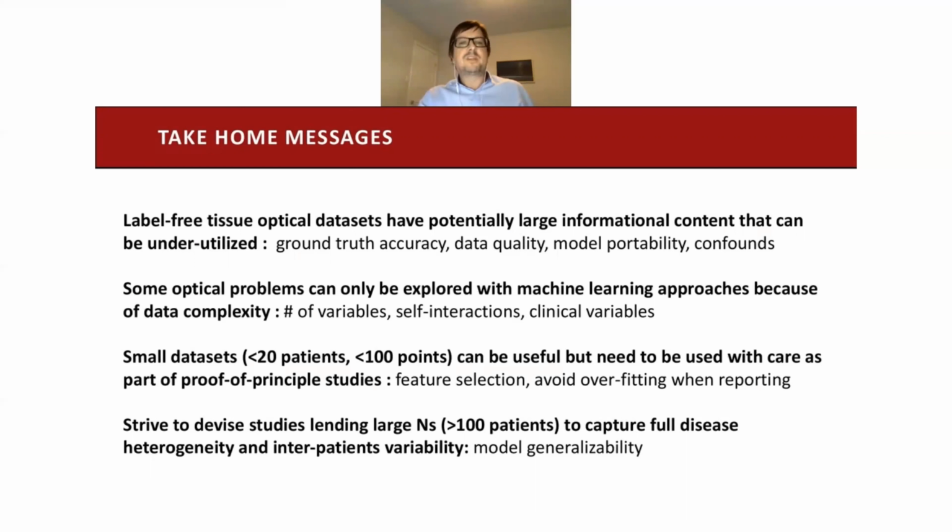Some optical problems can only be explored with machine learning approaches because of data complexity, like number of variables and self-interaction with clinical variables, which are very difficult to consider without machine learning type approaches. And small data sets should be used with care for proof of principle studies, feature selection, avoid overfitting when reporting, and strive to get large numbers, which is a bit obvious, but very important.